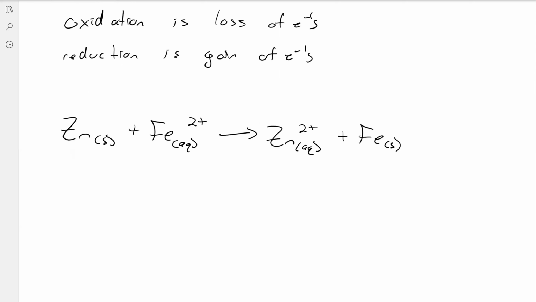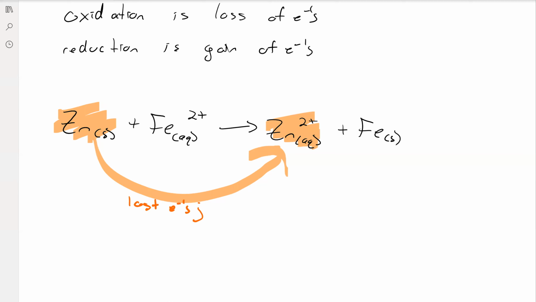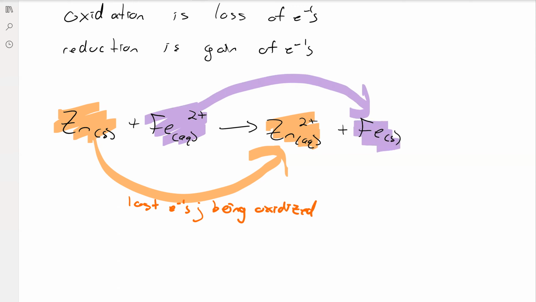If we think about what's going on, the zinc went from zinc to zinc 2+, which means that it lost electrons, so it is being oxidized. The iron went from 2+ to iron 0, so it gained 2 electrons. It is being reduced.